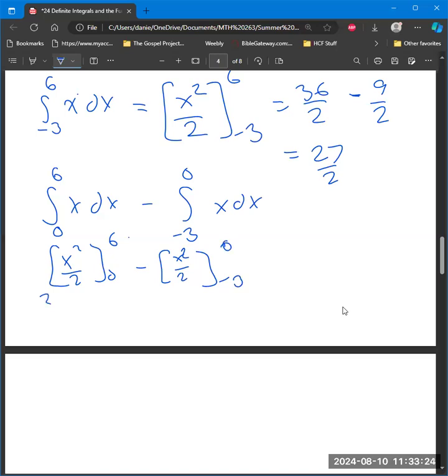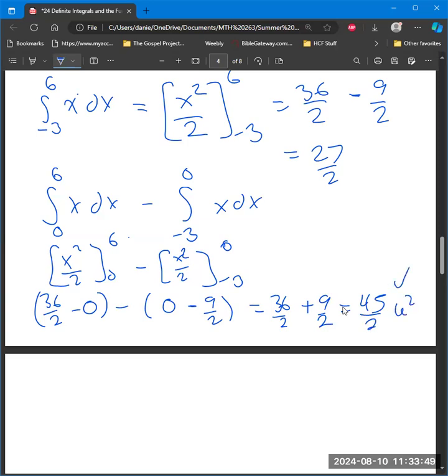I'm going to get 36 over 2 minus 0 minus 0 minus 9 over 2. Well, let's just call that 36 over 2 for a second. 36 over 2 minus a negative is going to be plus 9 over 2. That's going to be 45 over 2 units squared, and that's my right answer.